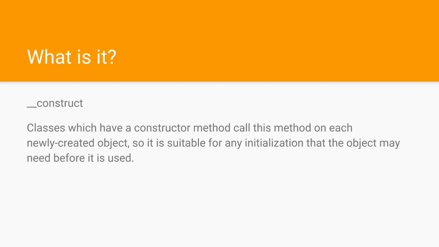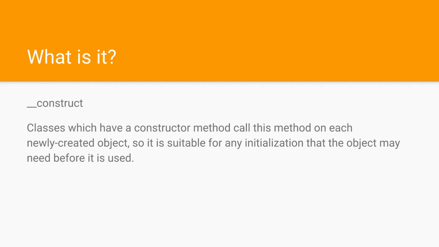So what is it? We are in the topic of object-oriented programming, and a constructor method is the following. Classes which have a constructor method call this method on each newly created object. So it is suitable for any initialization that the object may need before it is used. Sounds complicated, but it's pretty easy.